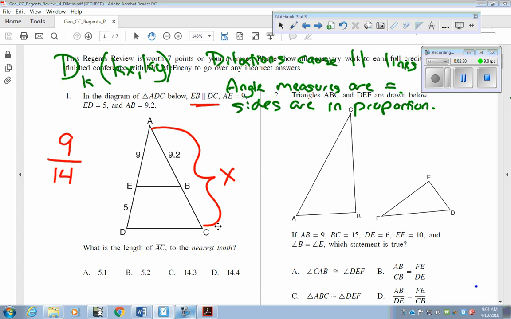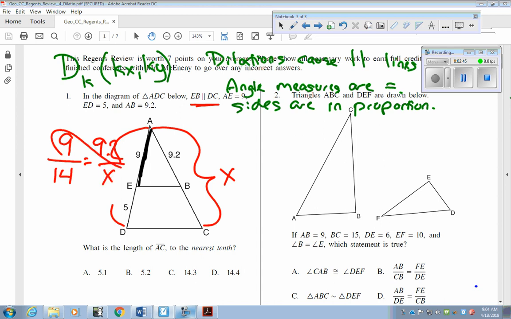So I got this side right here. That's the first side I'm doing. And then I have the whole thing, and that's going to be 14 because it's 9 plus 5. Then I'm going to go to the other side. I'll erase that 14 just for now. And we got 9.2 over x.